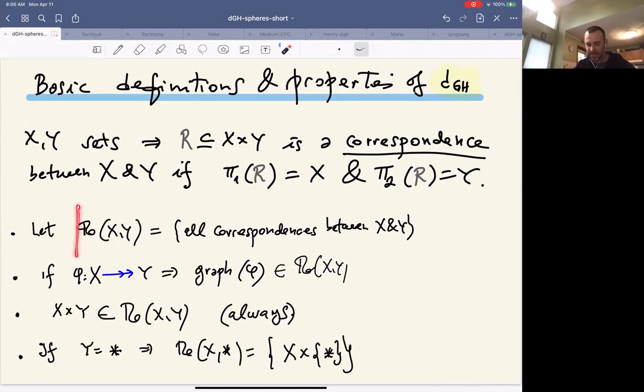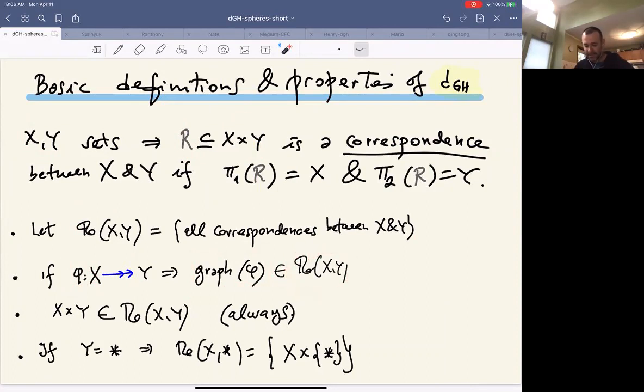We denote by calligraphic R(X,Y) the collection of all correspondences between X and Y. One way to construct a correspondence between X and Y arises when you have a surjection from X to Y. In that case, the graph of that surjection phi is a correspondence, obviously.